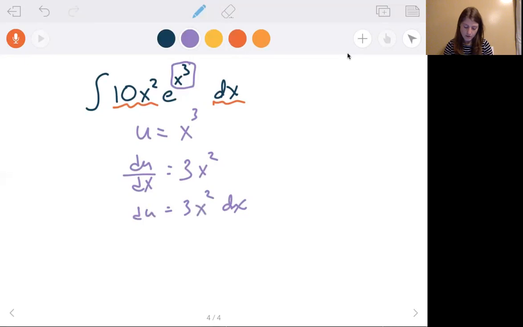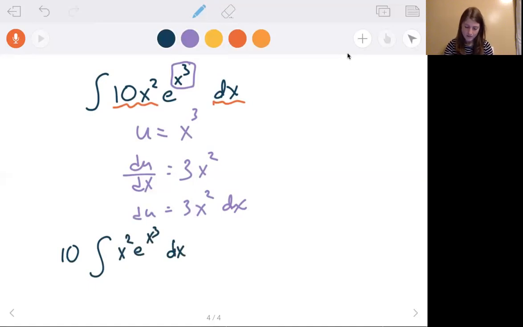Now I could, if I wanted to, go ahead and try to divide by 3 and multiply by 10 to get the 10. I'm going to show you a slightly different technique. The 10 doesn't match with the 3, so I'm going to go ahead and pull the 10 out. In other words, isolate it. And then I'm going to think about how to get that 3 in there.